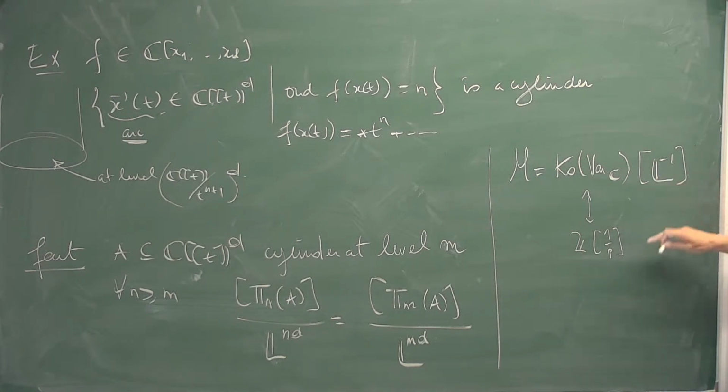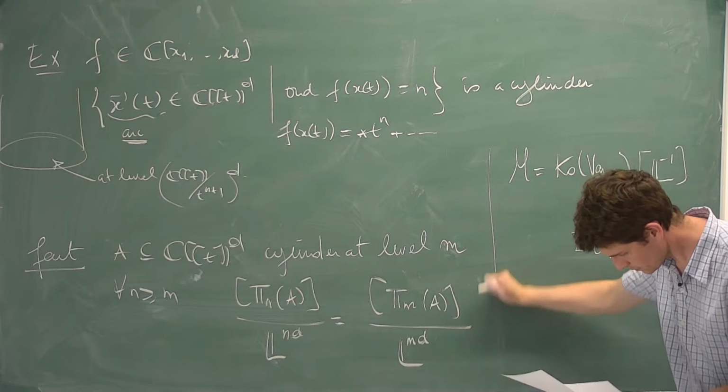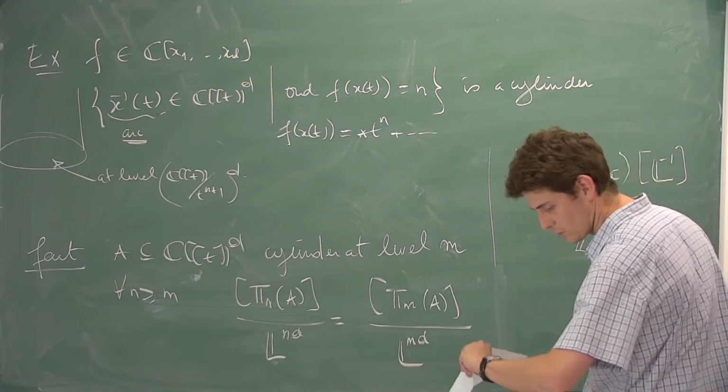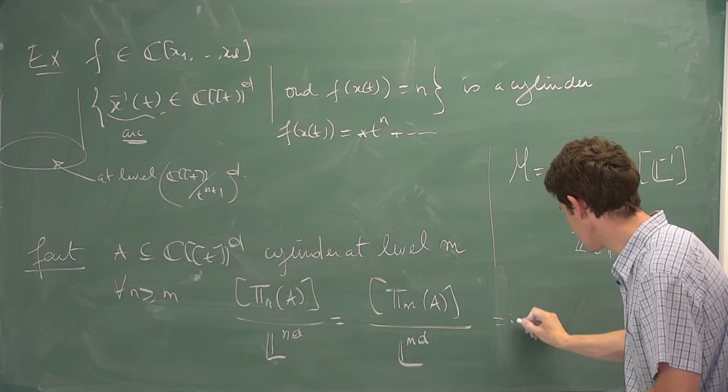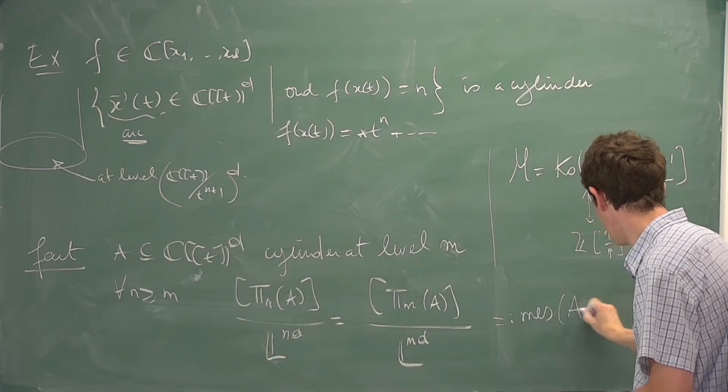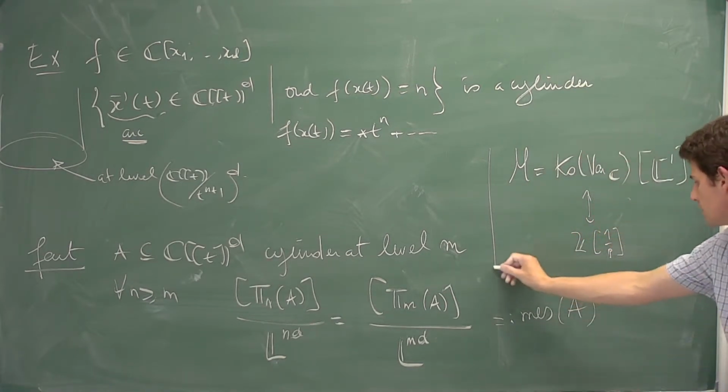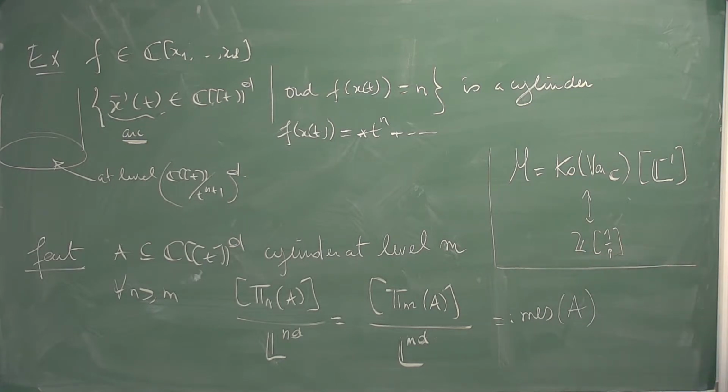You have to localize through p there and through L here. So you have this fact, and I don't have time to prove this, but it's not a problem. And this is called the motivic measure of A, of the cylinder A.